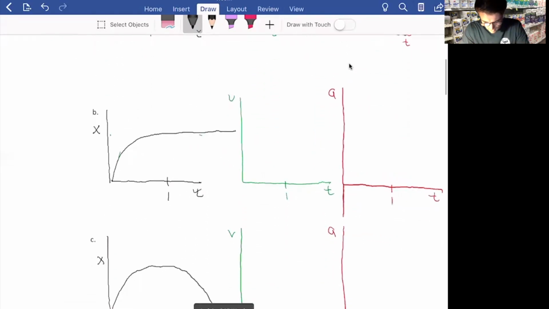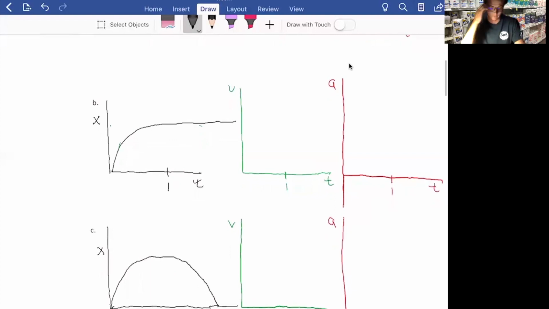So part B. Okay, so for part B, what do we see? Well, we see that our car, again, is going in the positive direction. It's going upwards. But this is more like parabolic, right? It's not just a linear diagonal line. We have some sort of curvature. So that's telling us that we have a change in the rate at which our car is moving.